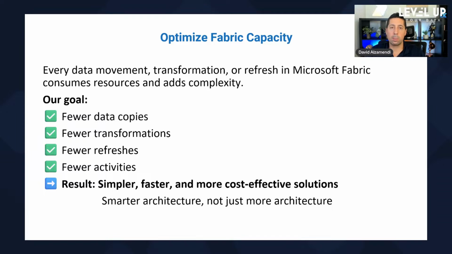Keep it simpler. It doesn't mean keep it non-functional. There's a big difference. You don't want to over-engineer, but you don't want to under-engineer. You want to find the right place for your architecture and your organization.